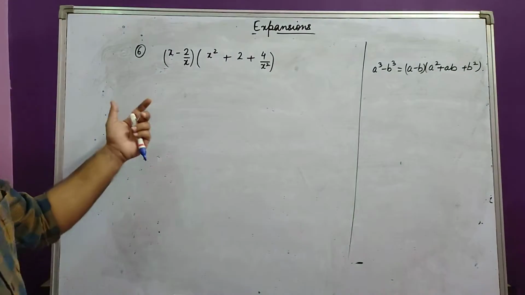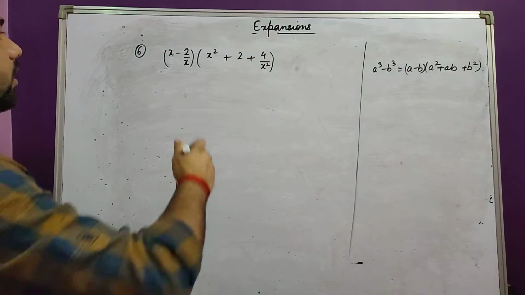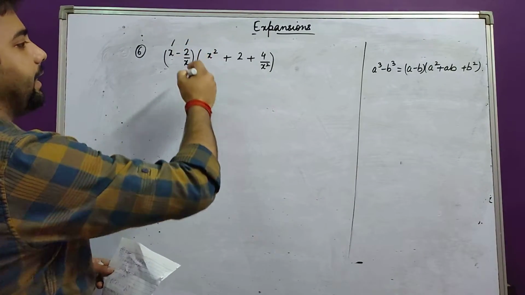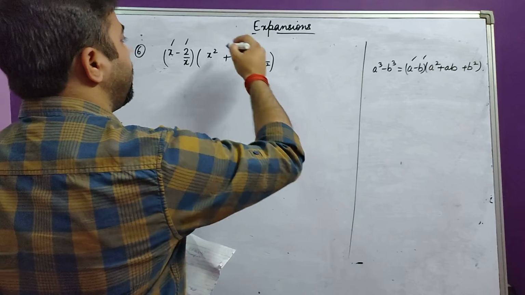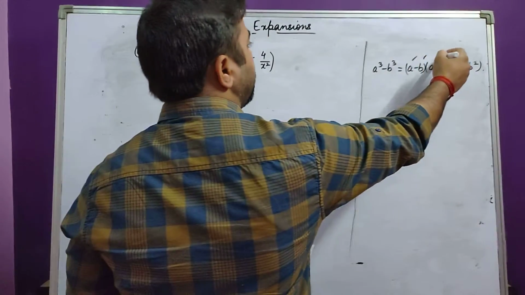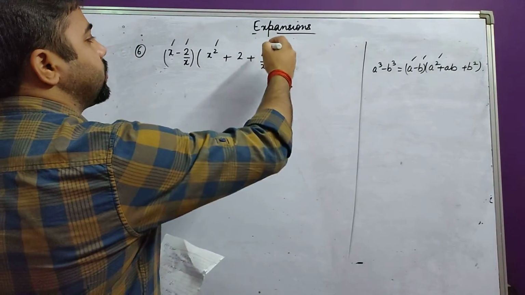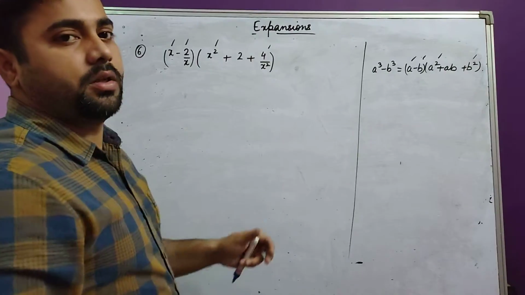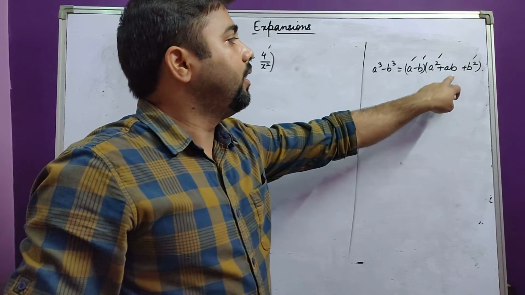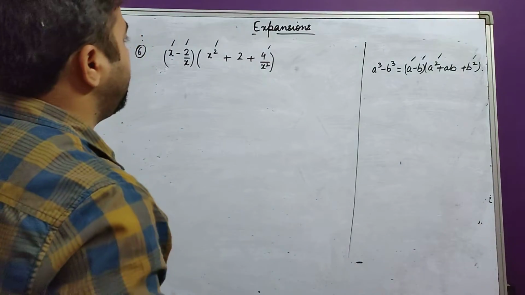We have to apply this formula where, as you can see, two terms, first term, second term, negative sign in between, square of the first term, square of the second term, and then will it be ab? Yes, it will be ab.